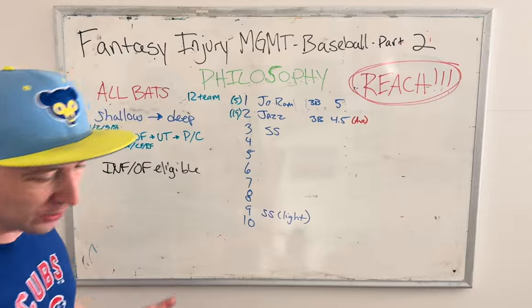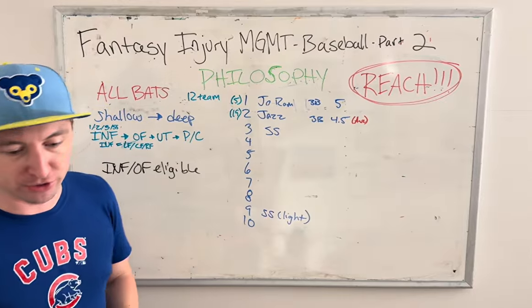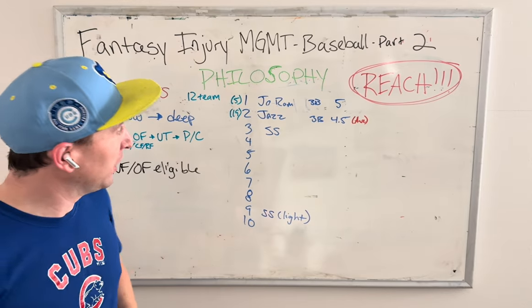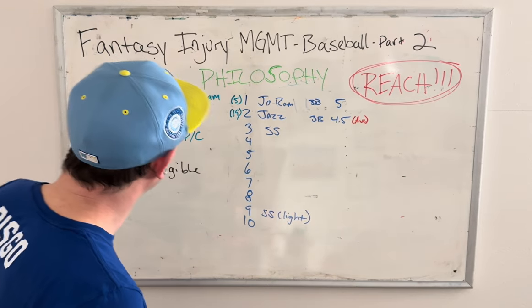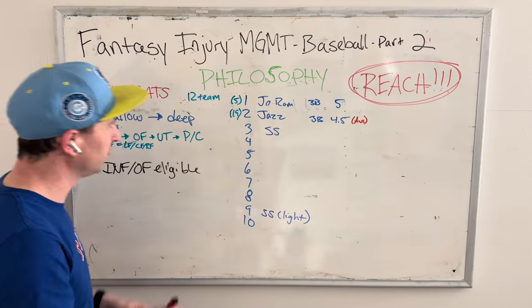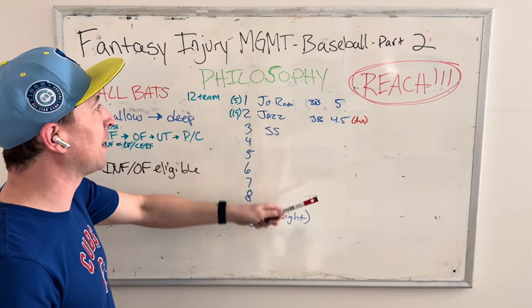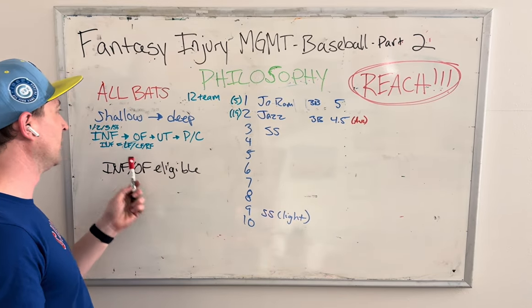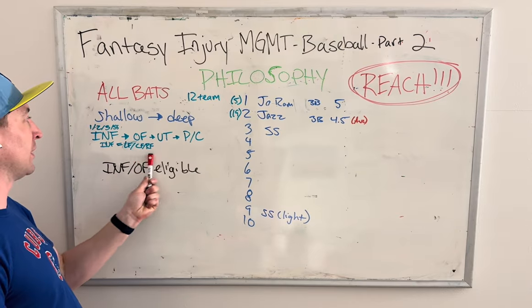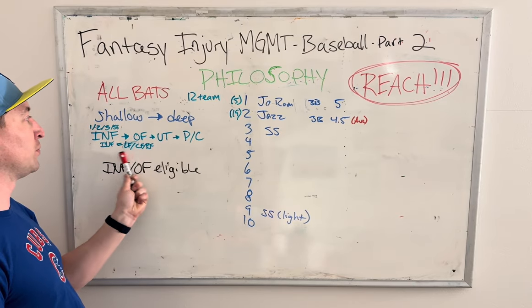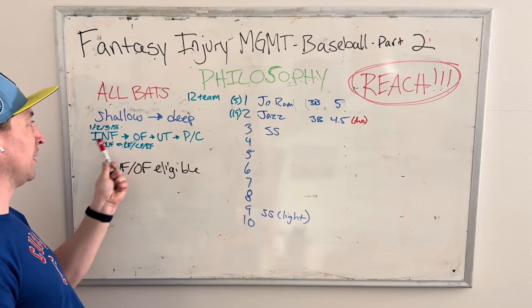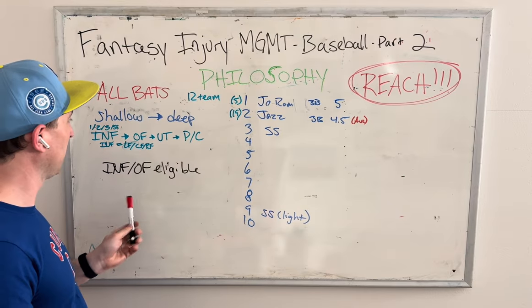All right, so that's what we do for batting, right? So you're probably wondering what we do for pitching here, right? So for all bats, you're going to try to get carbon copies all the way through if you're hitting infield to outfield. Obviously, if this is split up to left, center, and right, that can make those positions very shallow, and you can sub them in as you see fit and applies to your league, right?